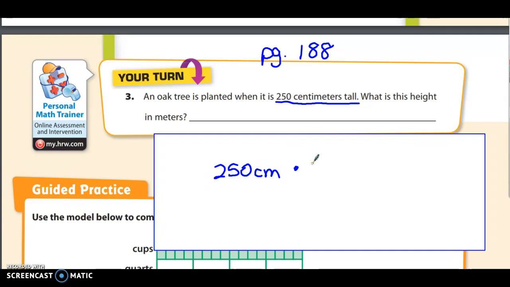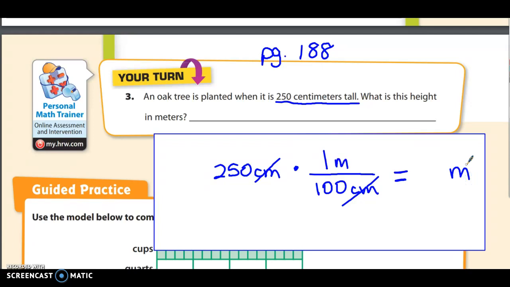And the conversion factor needs to be 1 meter is equal to 100 centimeters. And it needs to be in that order because of what I said earlier, which is that the centimeters will cancel diagonally. And my answer is simply going to be the only unit that's left, which is meters. So my answer is going to be in meters.